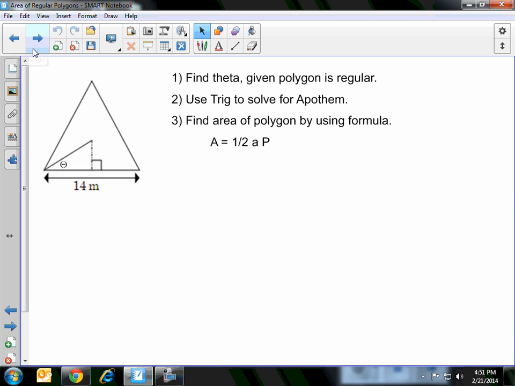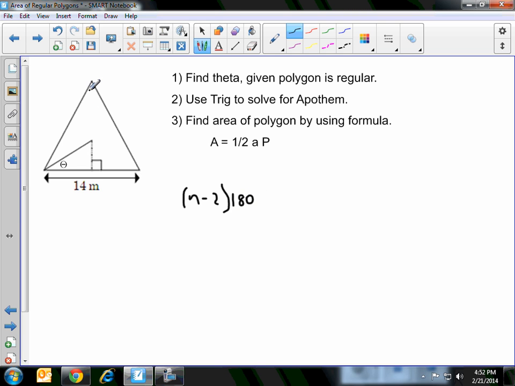That formula is n minus 2 times 180. And that's the sum of all of the angles, in this case 3 angles. But what I want more importantly is just one whole angle.